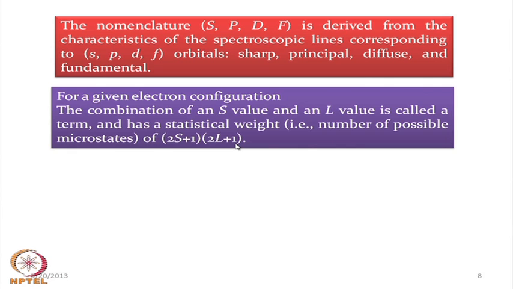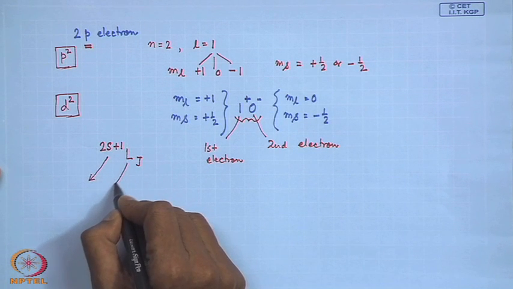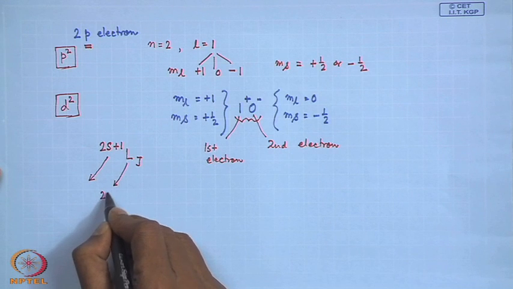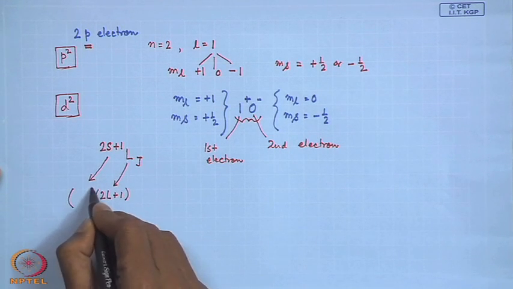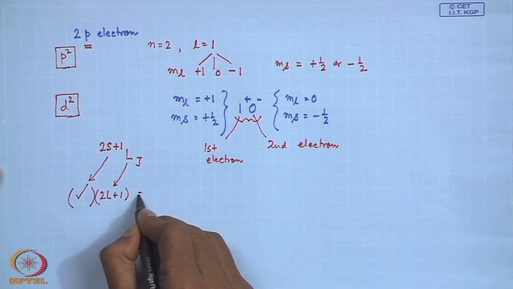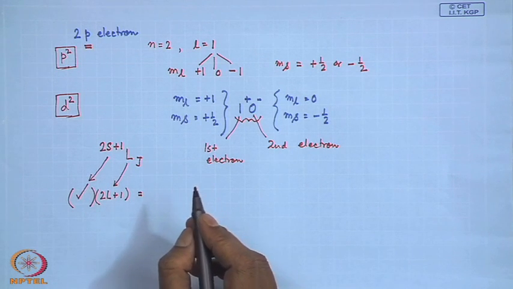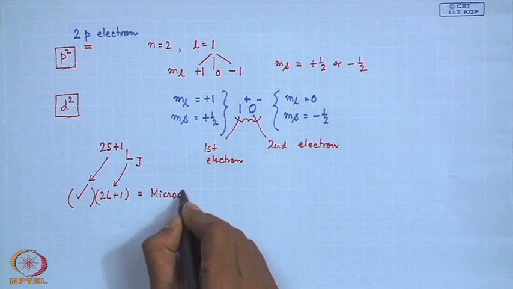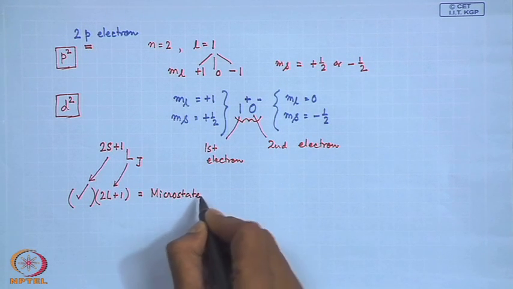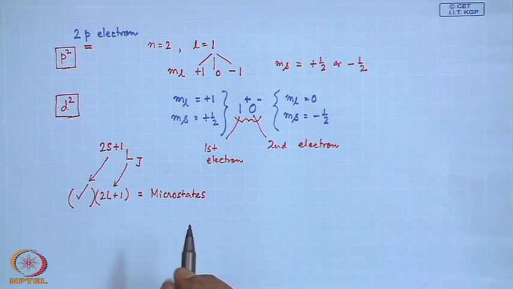If we have the L value giving rise to 2L plus 1, multiplied by this one, we will get the total number of possible microstates. That gives us the different possible microstates.